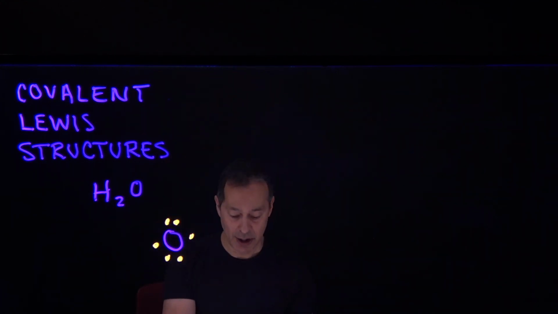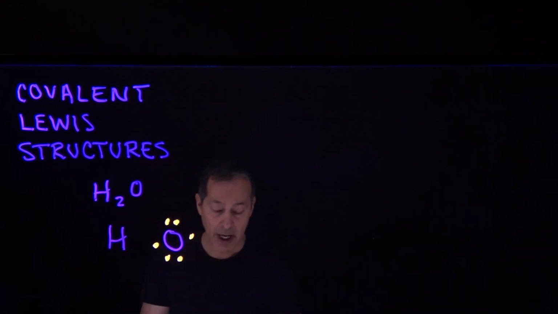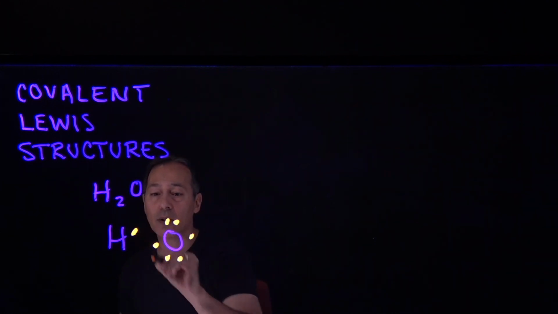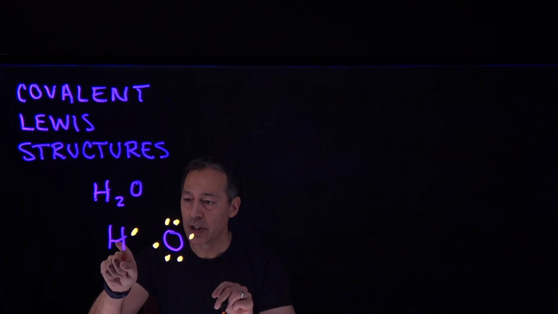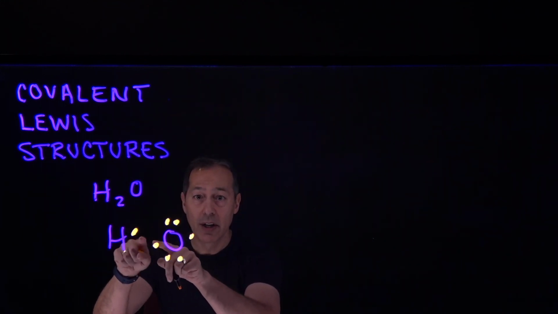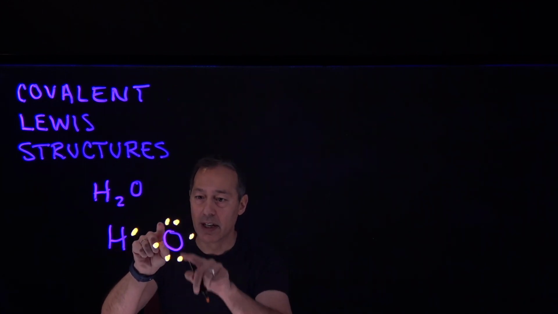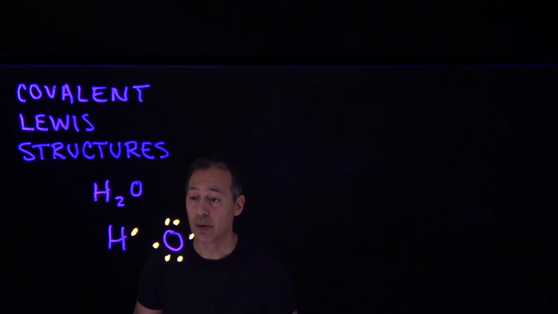And then hydrogen has 1 valence electron. Looks like that. And we can see here that if hydrogen were to come over and combine with this oxygen, they could share electrons here. And then oxygen would have 6 plus 1, which would be 7 electrons around it.